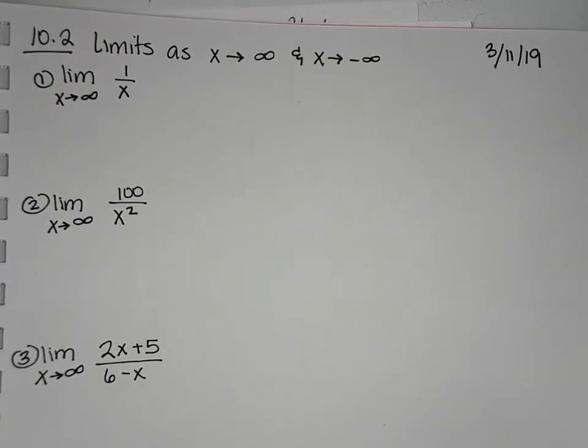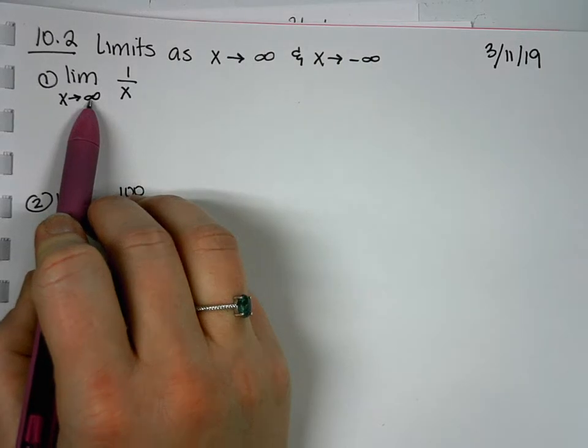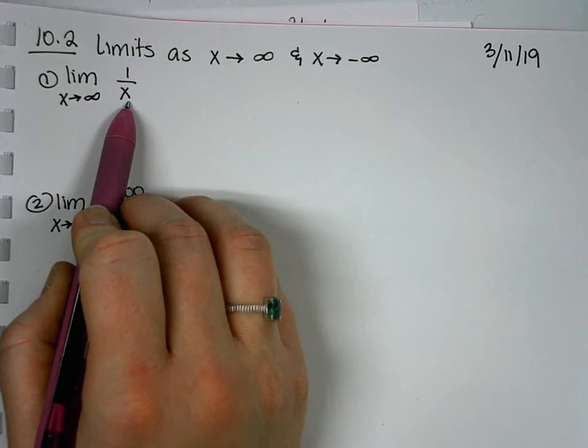So the first thing I want to look at is your basic case: what happens when we go all the way to infinity for x for the equation 1 over x.